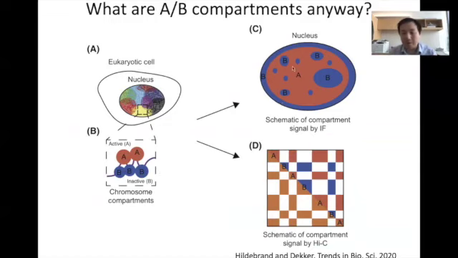The idea is that because all the A's are inside the nucleus, they tend to interact. Once you imagine the chromosomes folded, the A compartments are more inside, so A tends to interact with A, even if they are far away from each other. B is a similar story. That's why you begin to see these checkerboard patterns.